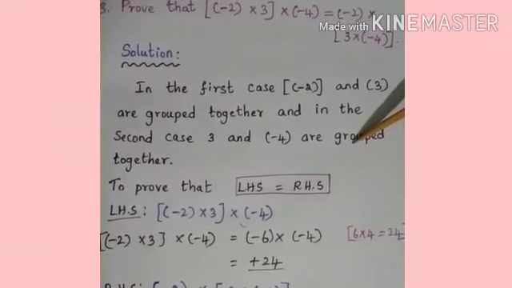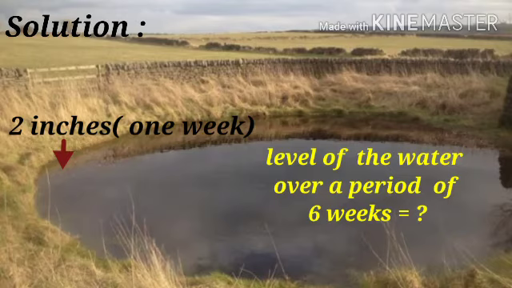So, the reduction of amount of water every week is equal to minus 2 inches. Hence, for 6 weeks, the change in the level of water is equal to, we have to multiply 6 with minus 2, that is equal to minus 12 inches, which is the solution.